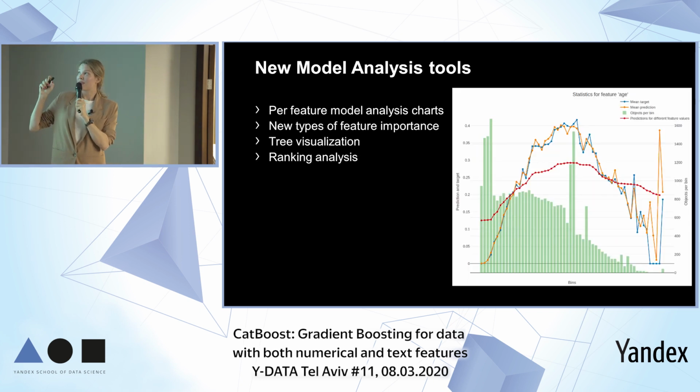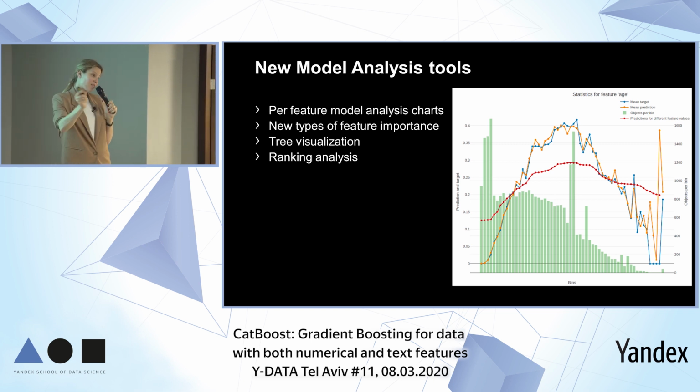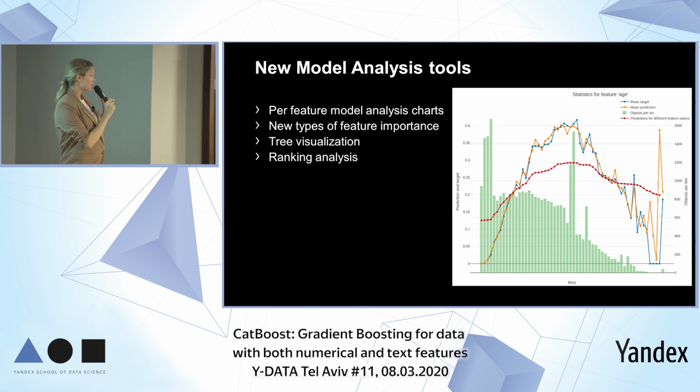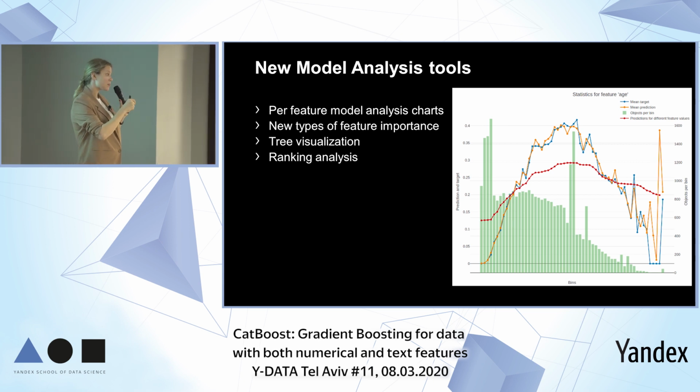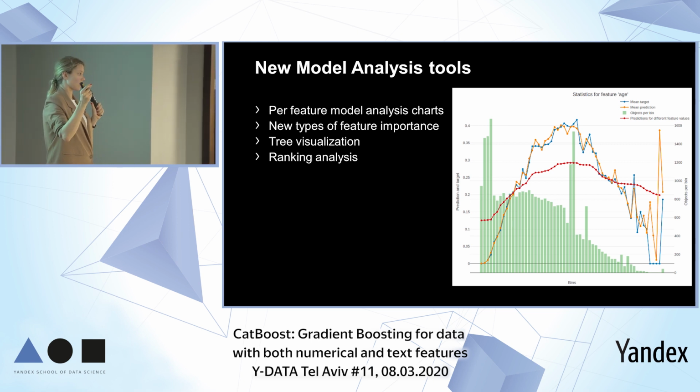Then we have added a list of new analysis tools for your model. For example, there is a mode where you can look at every feature. You can see when this feature changes, how does my label value change with this feature? And how does the prediction of the model change with this feature?